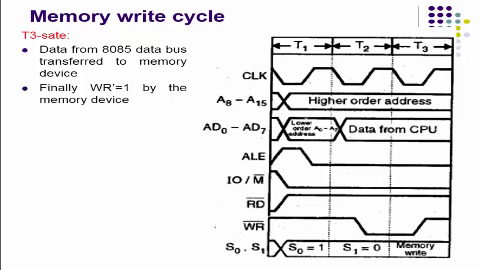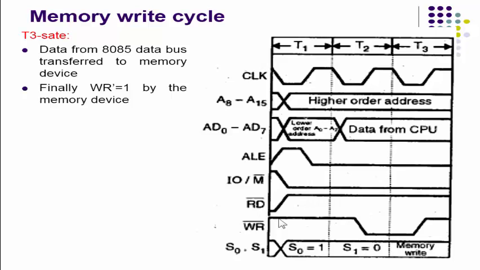Then in the third T state, the last T state, the data from the 8085 microprocessor data bus is transferred to the memory IC or memory device. So here in this timing diagram we can see in T2 state the WR bar control signal made low by the microprocessor.